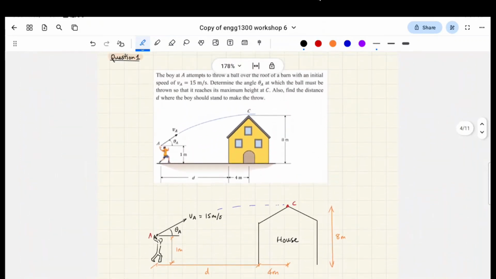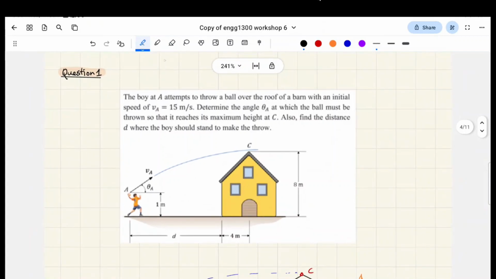All right, so we're given that VA is 15 meters per second. We're not given the angle that he throws it at, and we're also not given the distance away from the house, so we can solve for these separately.